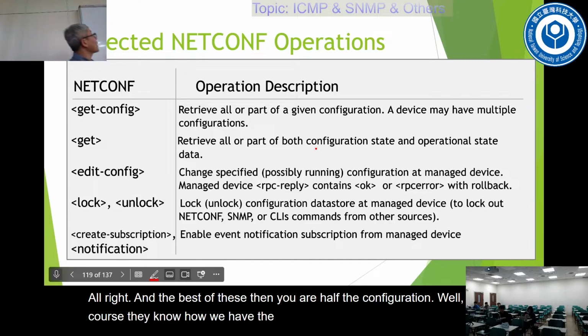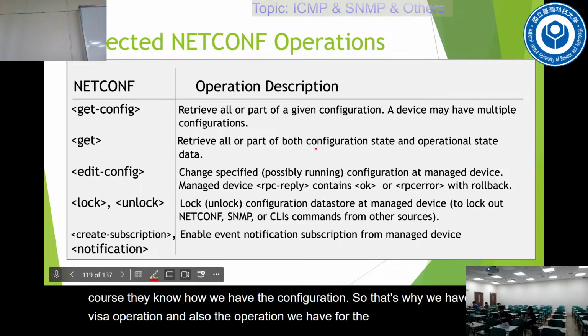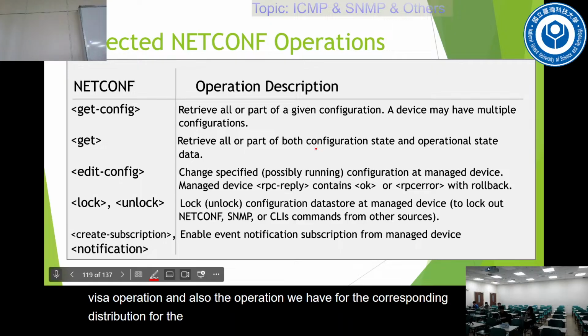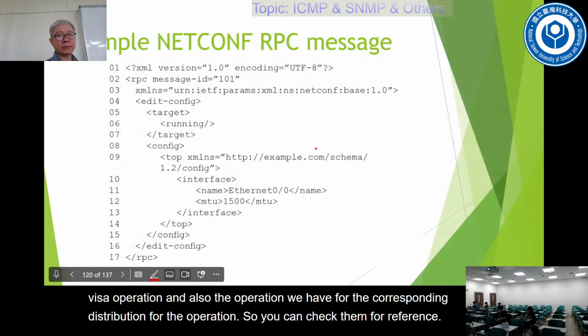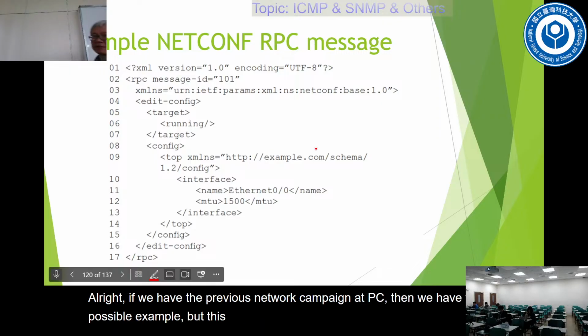So that's why we have these operations, and as for the operations, we have the corresponding description, so you can check them for reference. If we have the previous network config RPC, then we have a possible example, but this one is just for your reference.